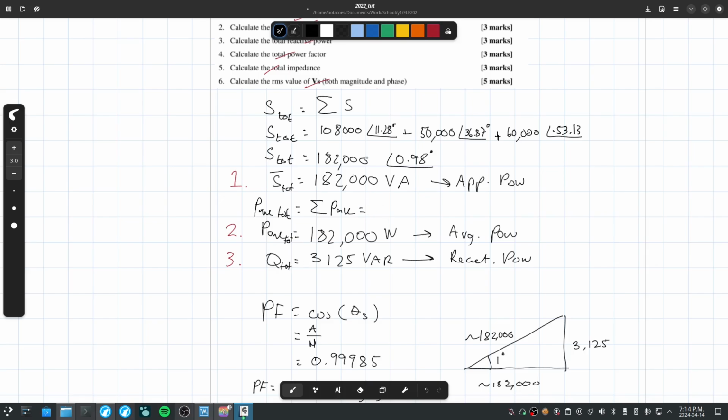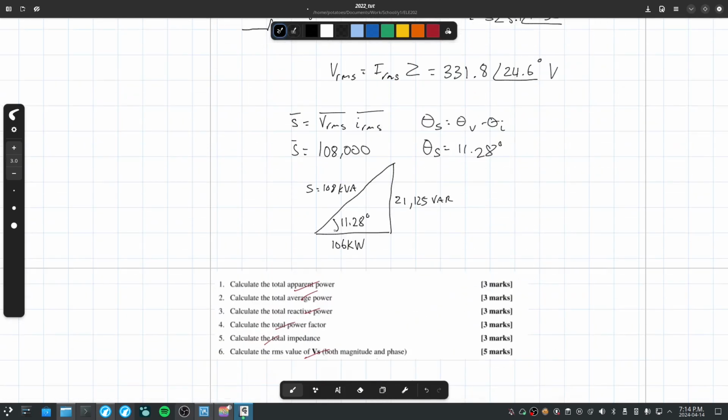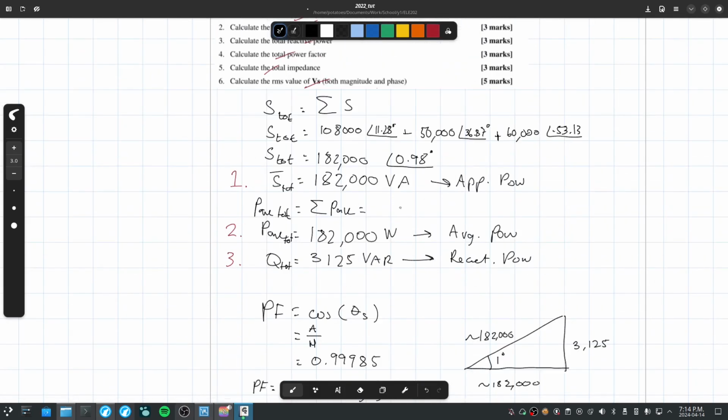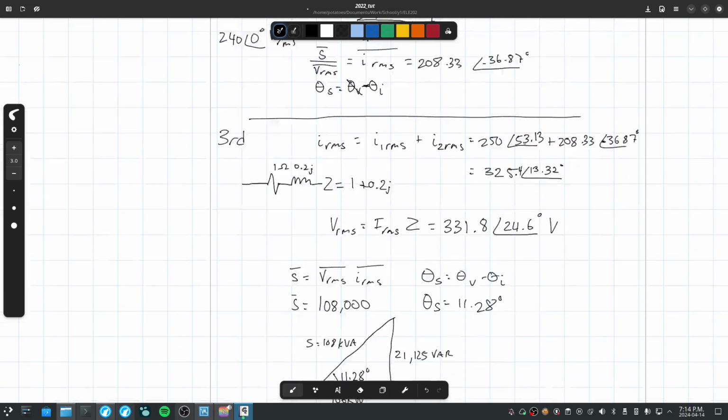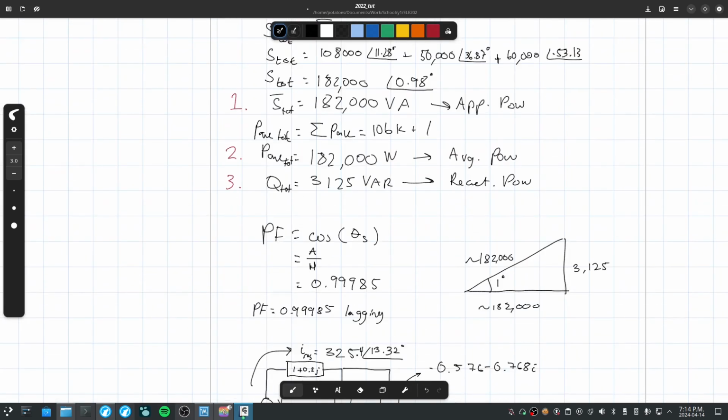Which is equal to 106,000 plus 40,000 plus 36,000. Let me just specify that I got that wrong because I didn't do enough sig digs.